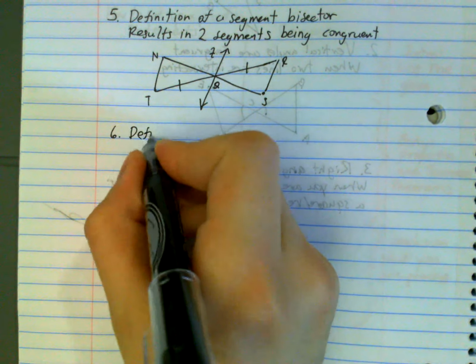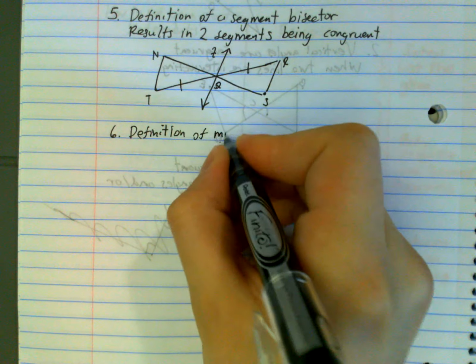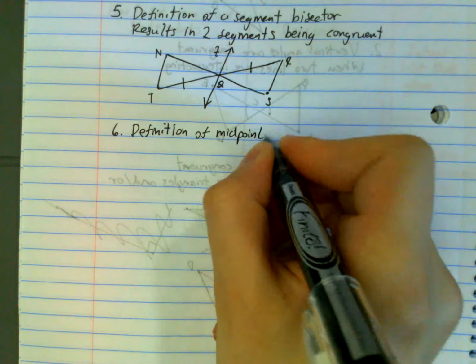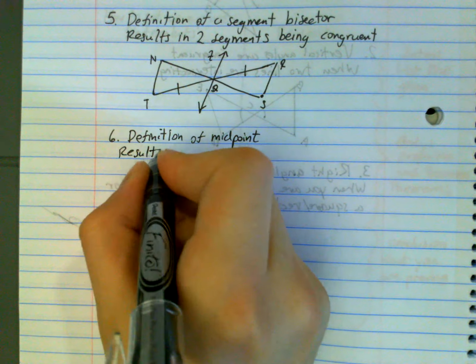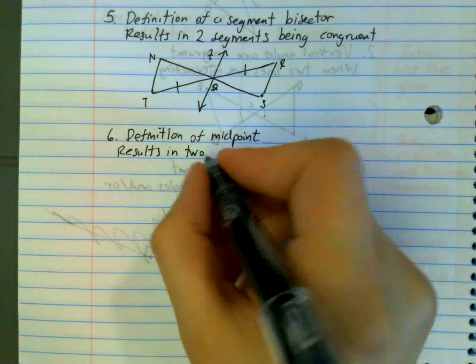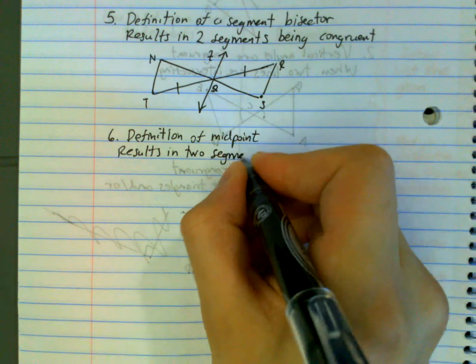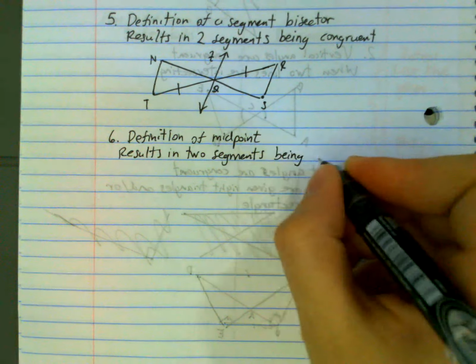Definition of midpoint. Results in two segments being congruent.